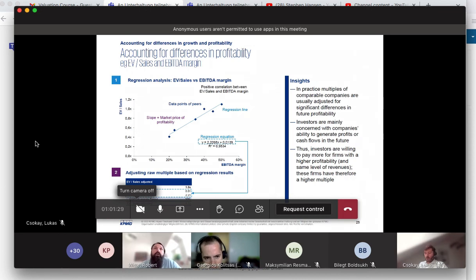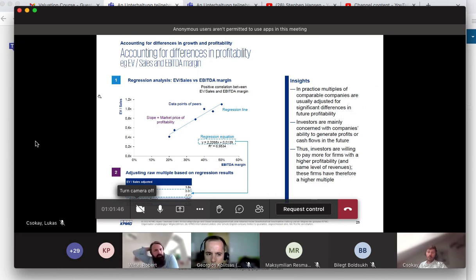And there are certain underlying implicit assumptions in the multiple, and you just have to make sure that all those assumptions are true. And if not, then you might want to adjust your data, right?